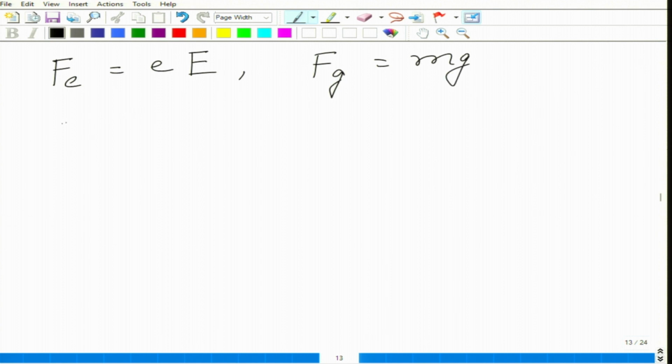So from here, if the oil drop is stationary, then the upward force Fe and the downward force Fg must be equal.